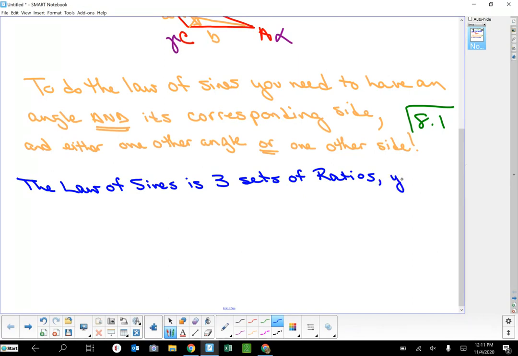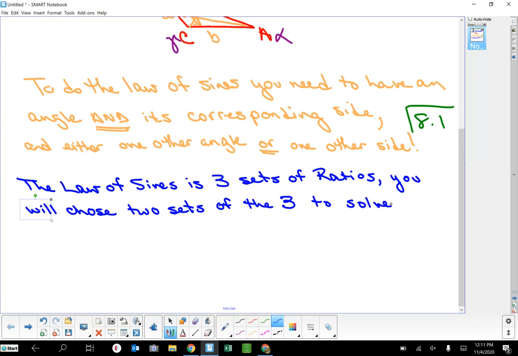And you are going to choose 2 sets of the 3, and that's based on the information that you're given to solve. And here is what those look like. It looks like a over the sine of A is set equal to b over the sine of B is set equal to c over the sine of C.